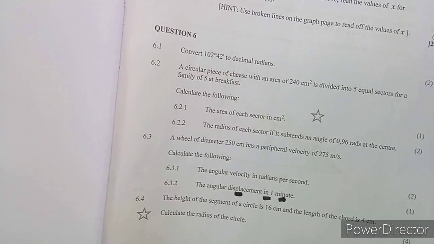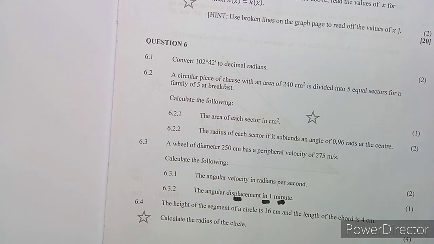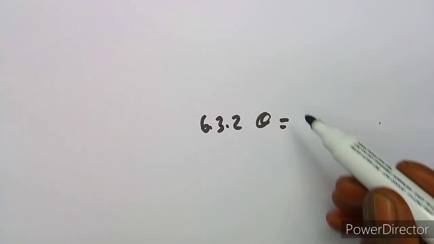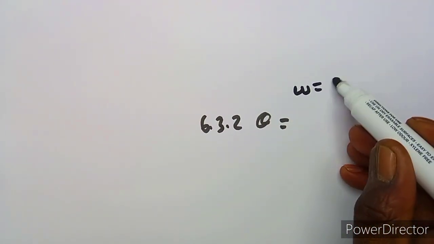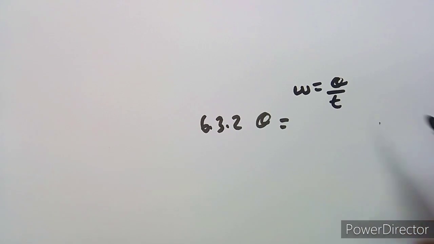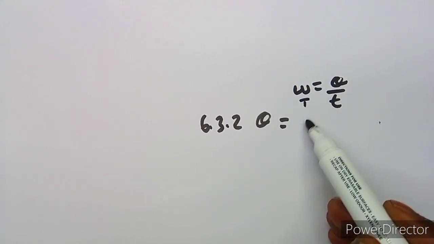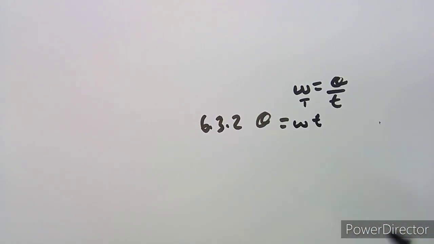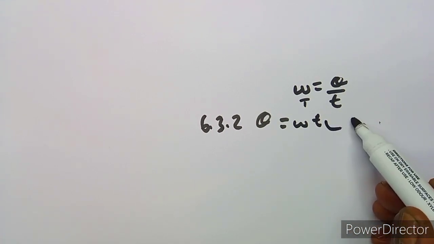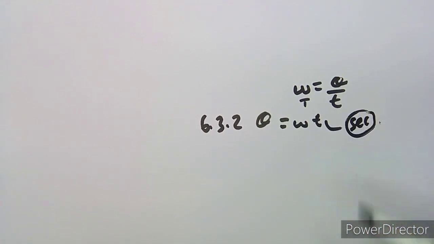So if you cross multiply, theta is going to be the product omega t, where the time is supposed to be in seconds. The omega is the one that we just calculated, which was 220 there.